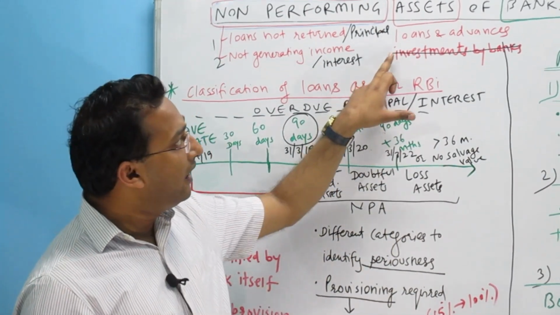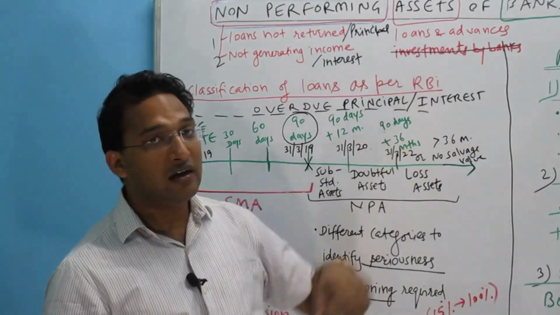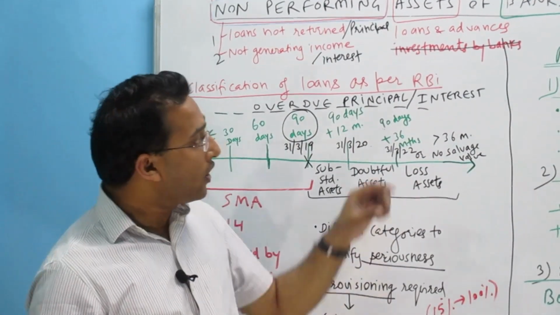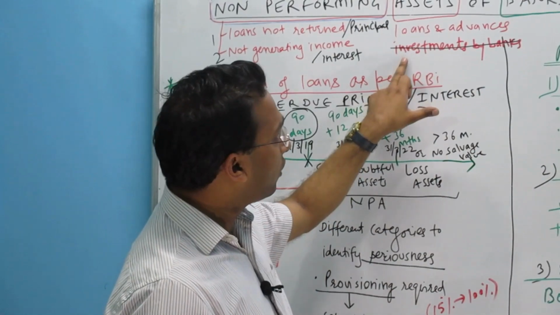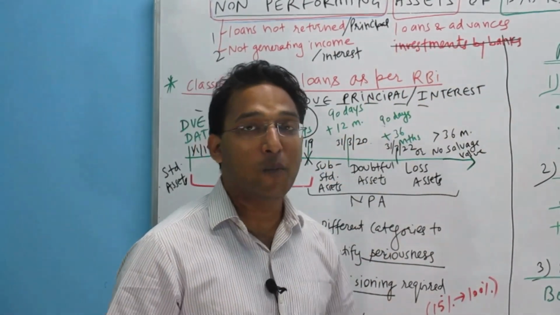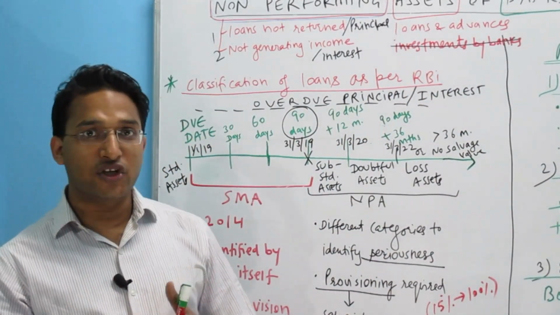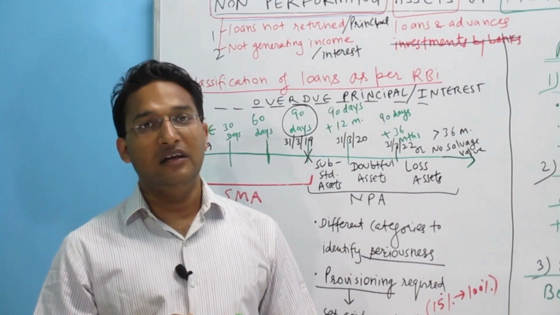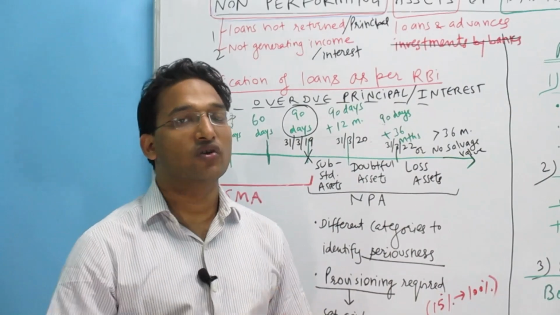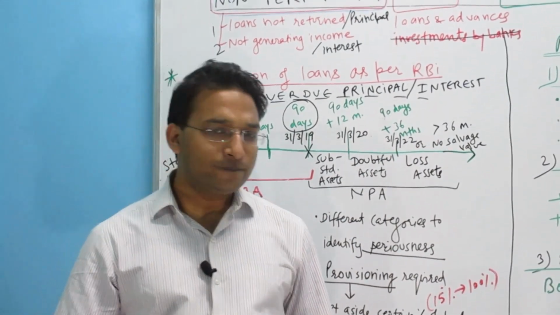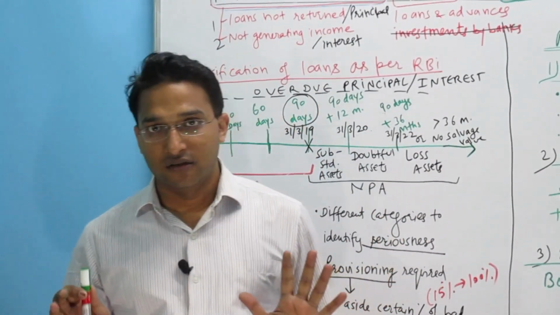And second will be the investment made by the bank into the government securities. We are talking only about the loans and advances, not about the investment by the banks in government securities. So for this discussion, the asset basically means the loans and advances which the bank has given to its customers or the borrowers, right?